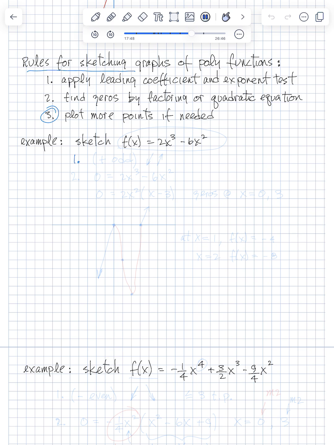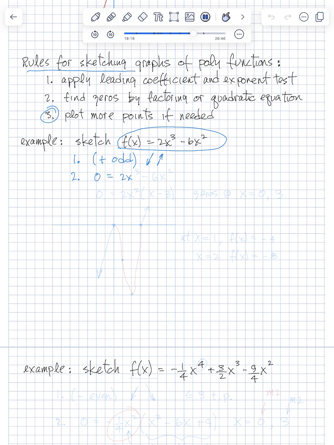And so what we're going to do, let's see, number one. So here's our function, f of x is equal to 2x cubed minus 6x squared. So this is a plus odd. So we know that it falls on the left and it goes up on the right. So that's what our ends are going to look like. So number two, find the zeros. So we set it equal to 0.